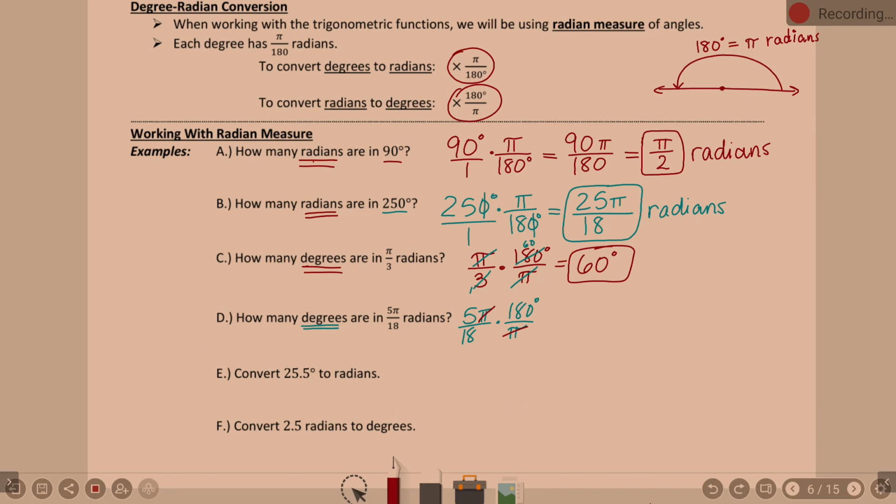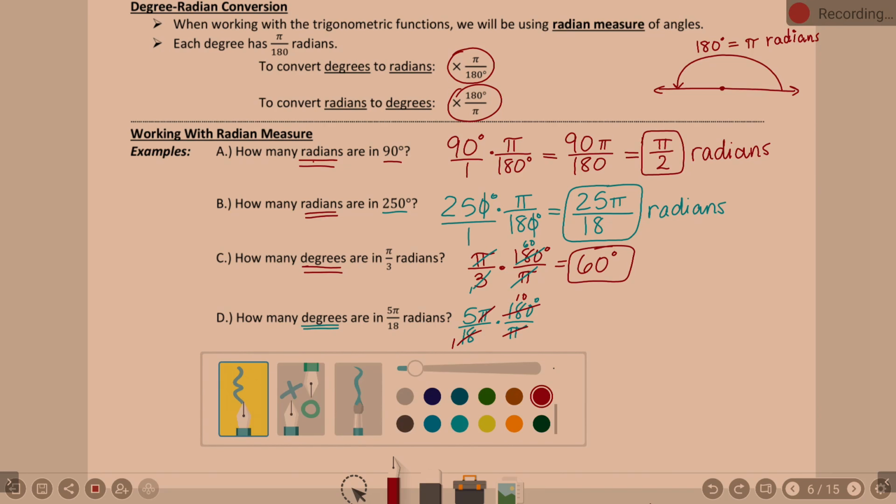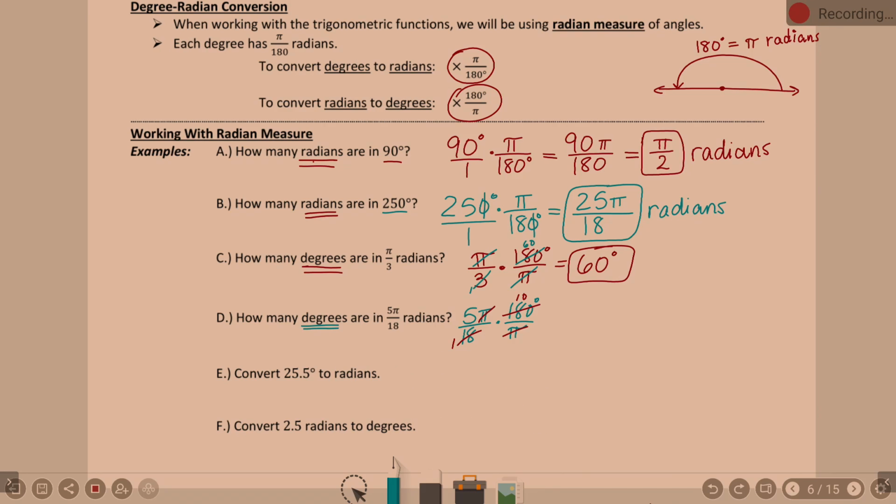And then, do you see the other canceling? 18 and 180 would both divide by 18. 18 divided by 18 is 1. 180 divided by 18 is 10. Don't worry, I'm having struggles too. So if you do all that cross-canceling, what's left? 5 times 10, which is 50.